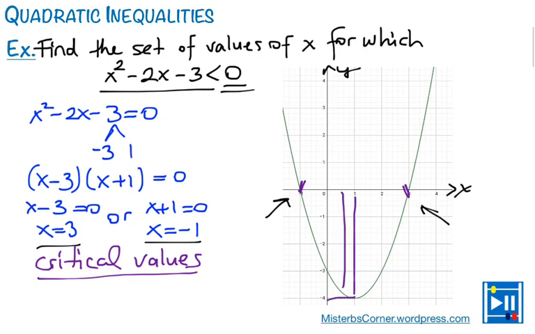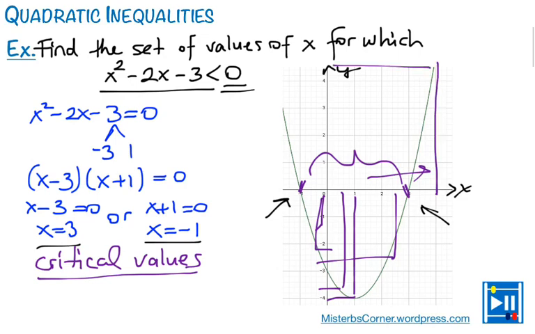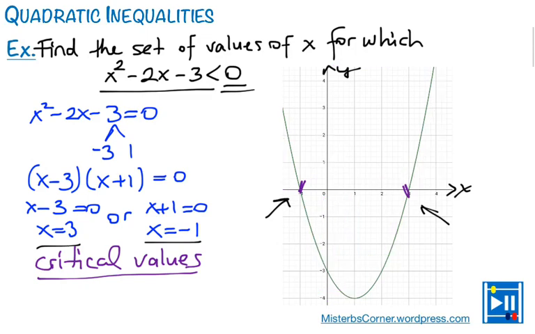As long as I stay in between the roots, the critical values, I always get a negative y value. When I exceed the root, for example, if I choose 4, I find something positive, which I don't want. So in between the roots, we get negative values of y.